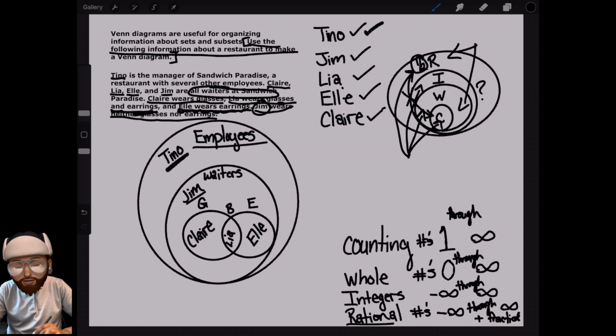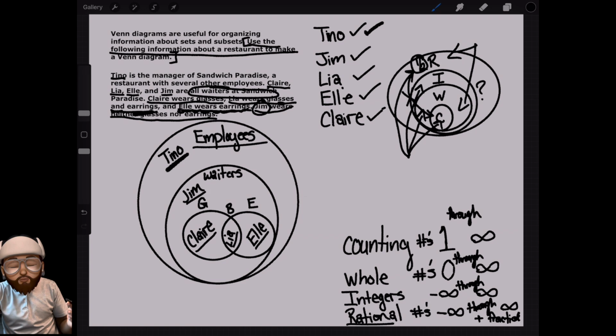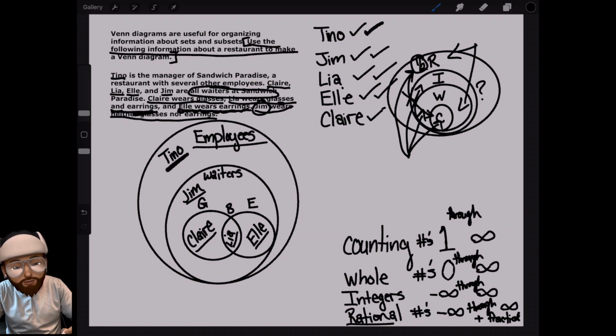So Claire is in the glasses circle. Leah wears glasses and earrings. Therefore, Leah's in both. And Elle wears just earrings. So she's right over there in the earring circle. And like we said, Jim wears neither glasses nor earrings. So that works out. Everybody is accounted for. Everybody's checked off. And we're all done. This is your final answer.